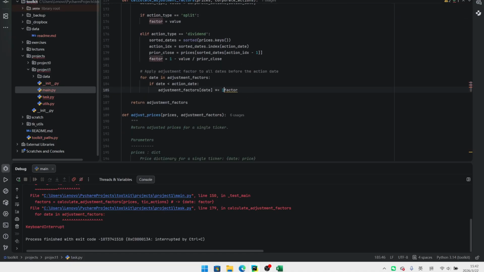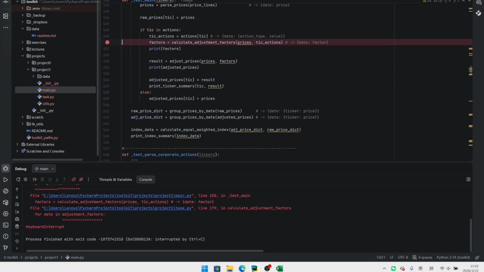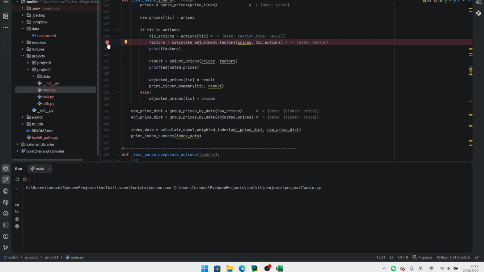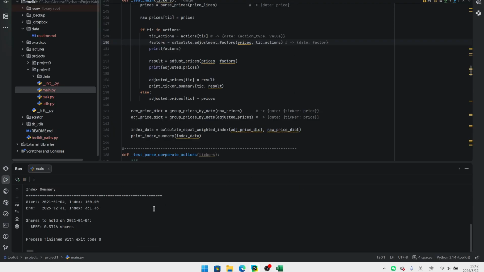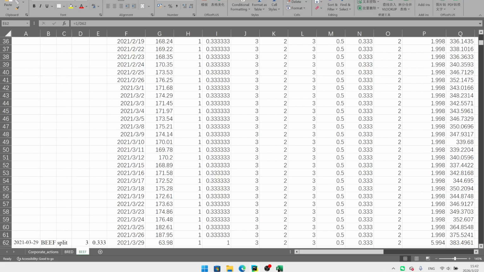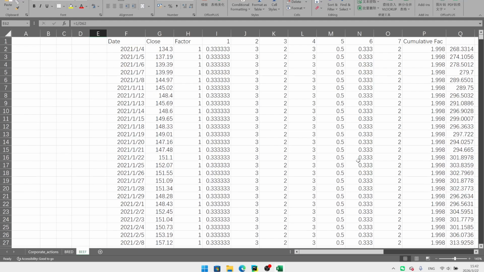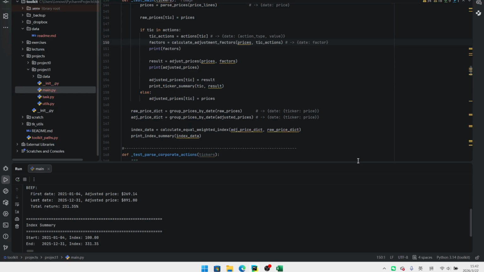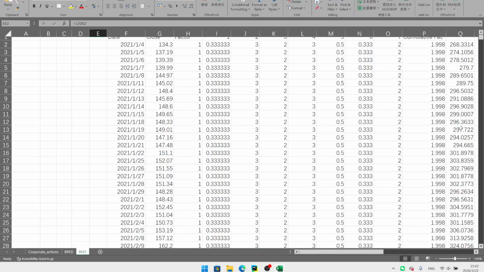If I use 1 divided by factor, it will be great. So let's see the answer. Sorry, close the debug. Let's go. So the first one is the 229. Seems 268. Yes, it's correct.